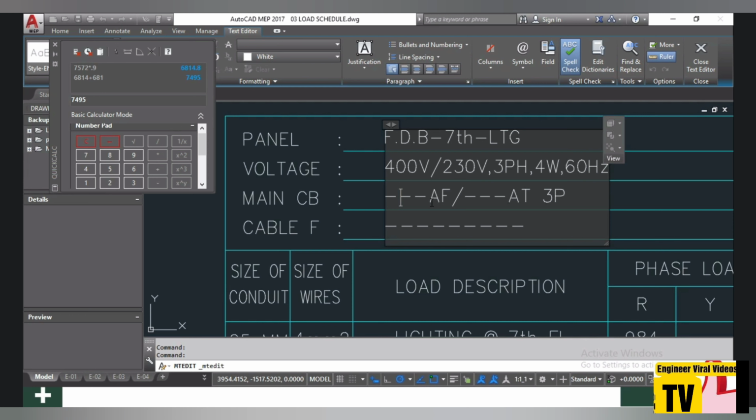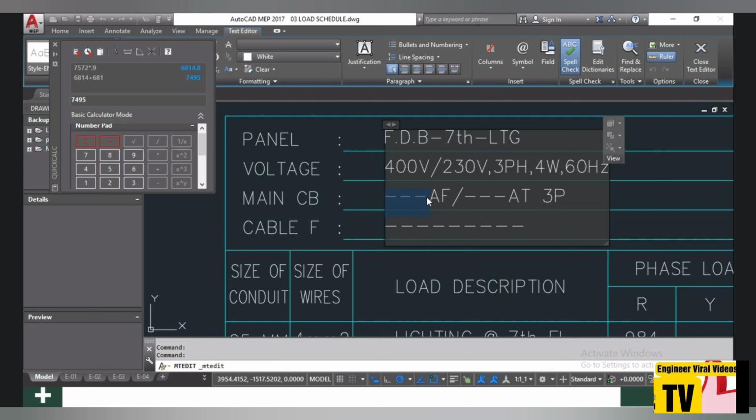Now I have two values, ampere frame and ampere trip, AF and AT. To size the circuit breaker, I will go to the nearest value for the rated current. Suppose I calculate the rated current as 50 ampere. That means I can select circuit breaker 63, or 60 on some brands.